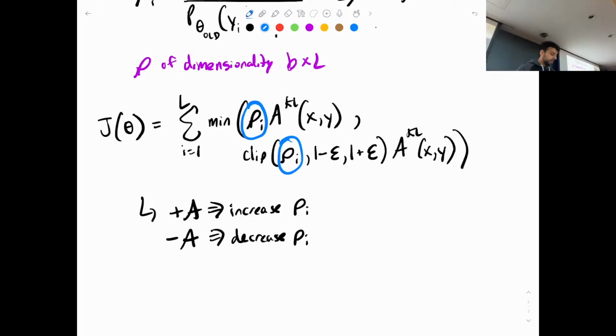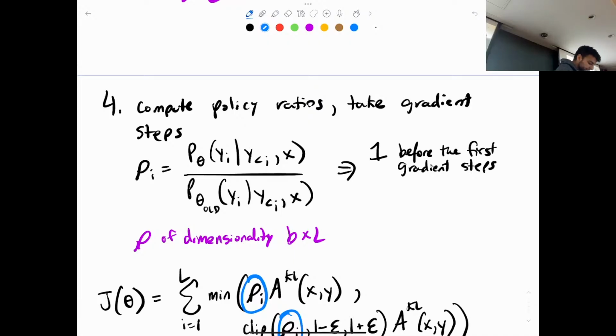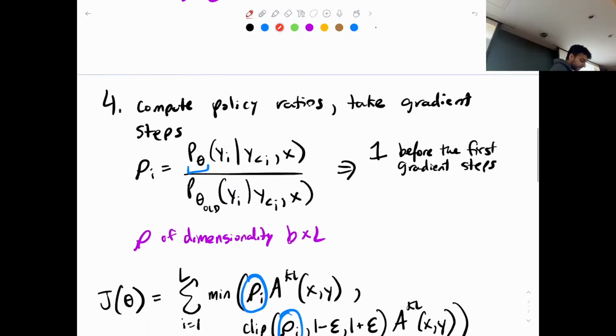If you look at the computation of the policy ratio, you'll see that the numerator is a function of our current policy model, P sub theta. The denominator, we are not going to backprop through, so this will be kept frozen. We don't want to adjust the old policy model because that's just what we're using as a reference to figure out how much our model is deviating away from what currently generated that batch.